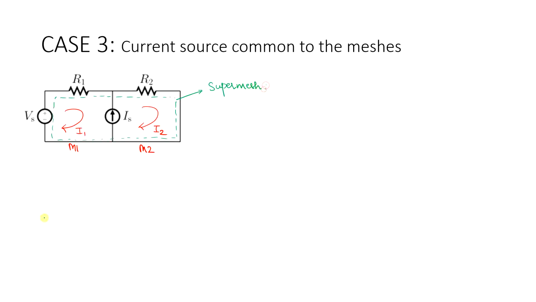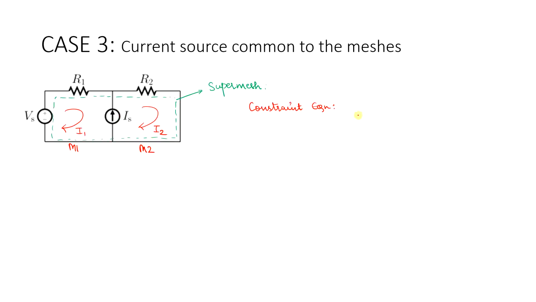Now you need to write the constraint equation. A constraint equation is an equation which will give you a relationship between the mesh currents, that is I1 and I2, and this current source. So if you observe, how is this current source direction? It is pointing upwards. It is in sync with the second mesh current, that is the current I2.